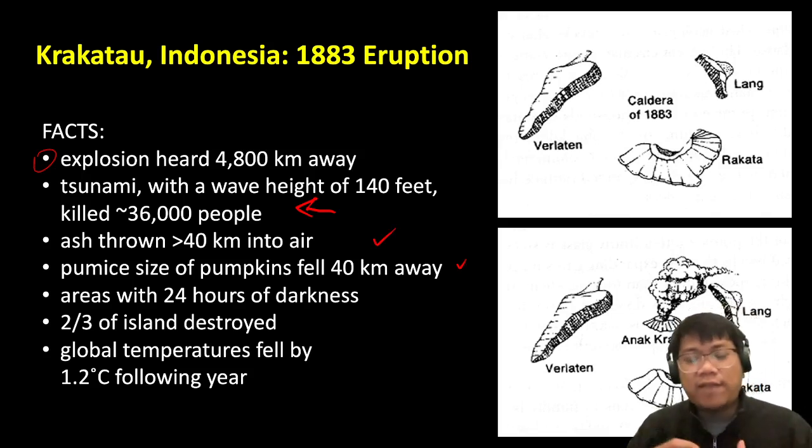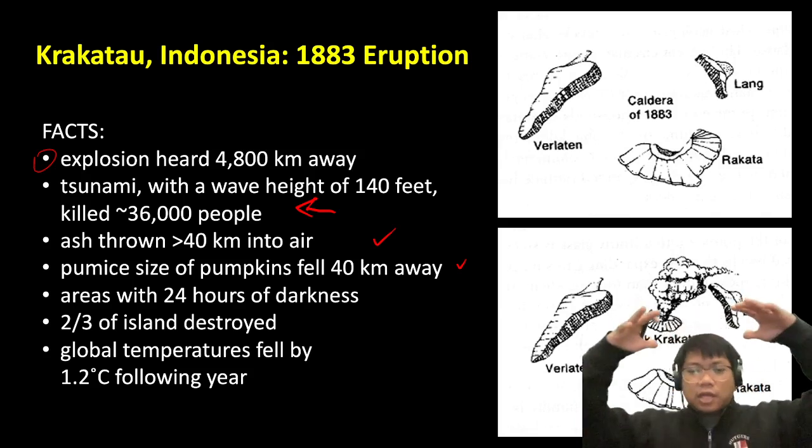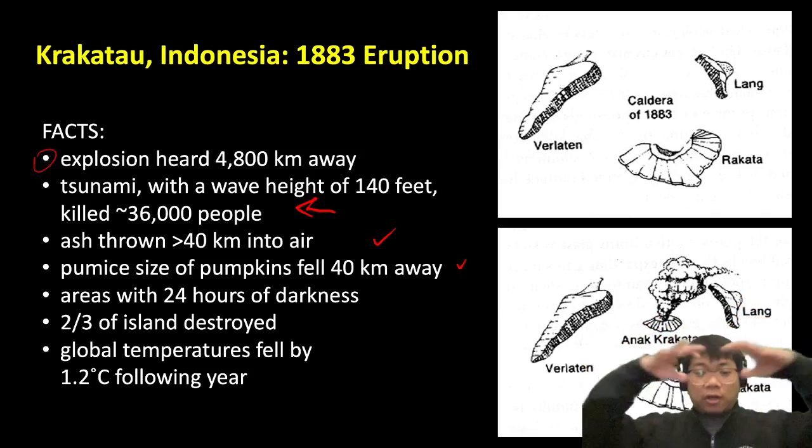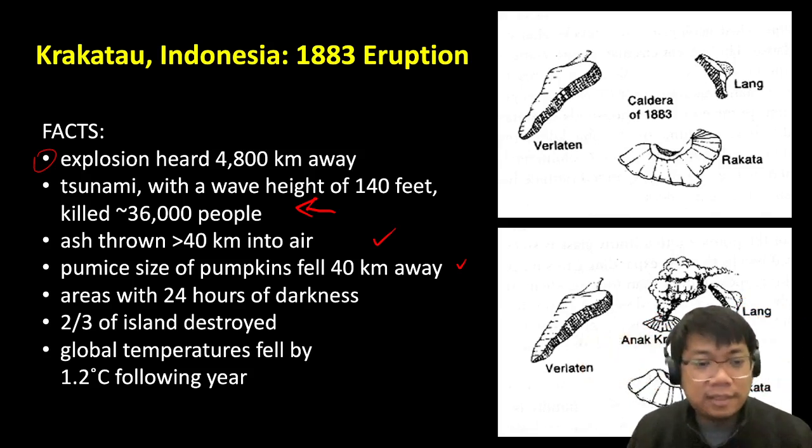The vast majority of volcanic materials went into the atmosphere and covered the region, and this caused the region to be in darkness for the next 24 hours after the main eruption in 1883.